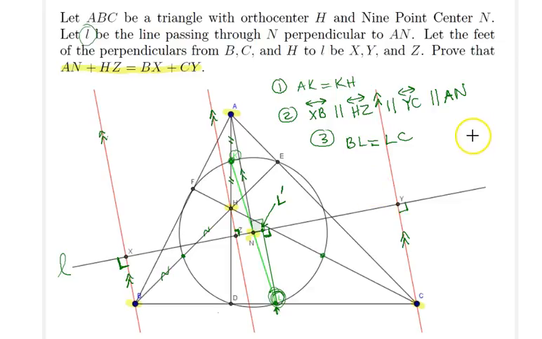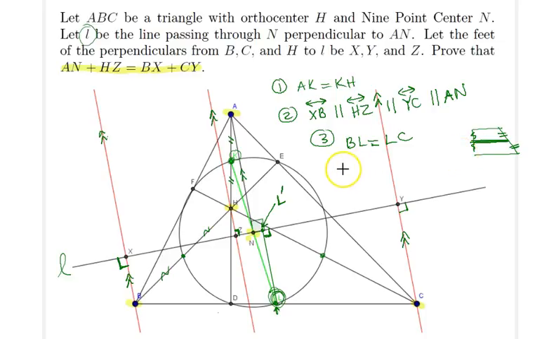You can just think of this trapezoid here, and then you have in a sense this midline of the trapezoid. So if one side is equal, the other side must also be equal here, and that's exactly what we're claiming.